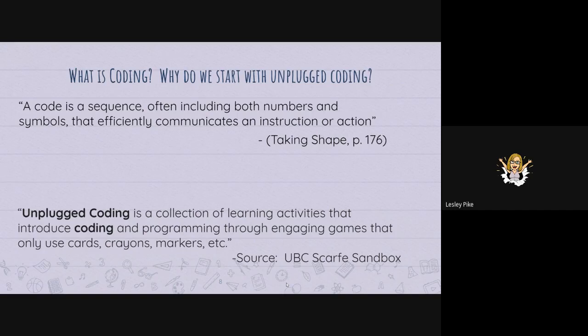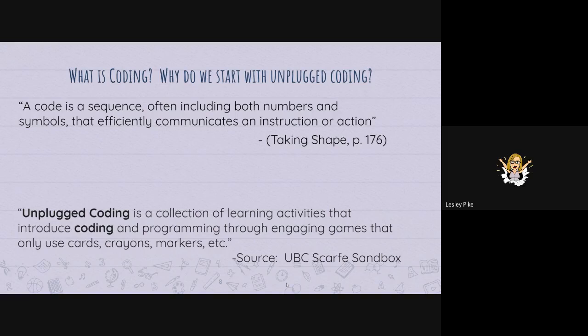Now, unplugged coding is different than coding in terms of what you need. Normally when we talk about coding, we're talking about coding on computers or coding in technology. Most often we see coding using computers or robots, but unplugged coding is a little bit different. We're still using the same commands that we use in those types of codes.